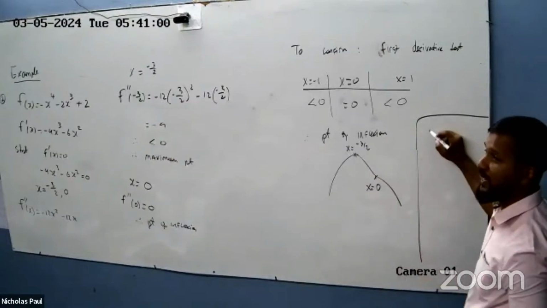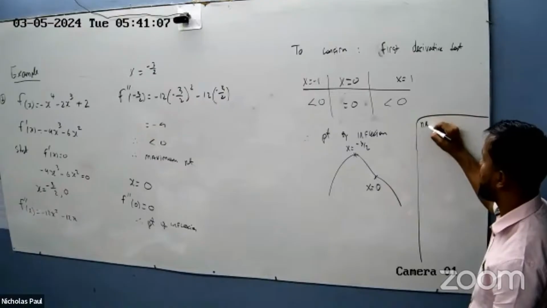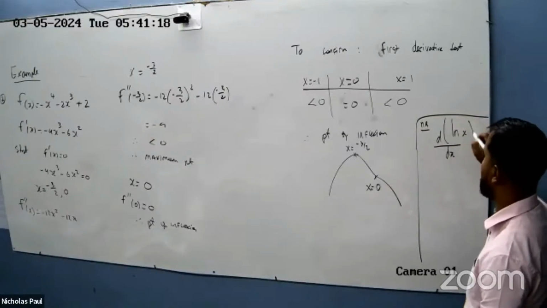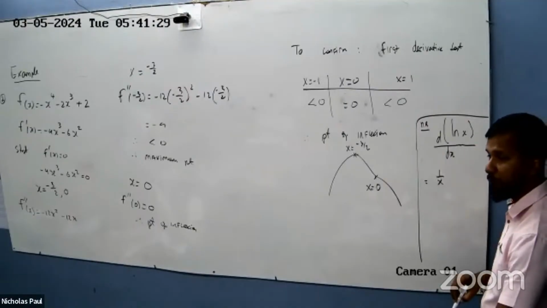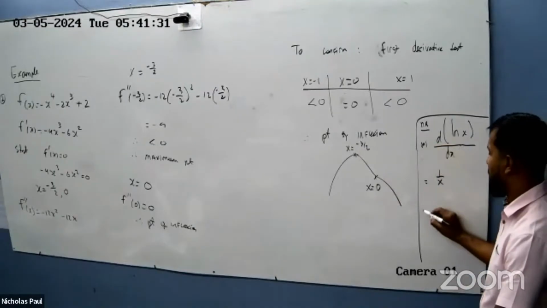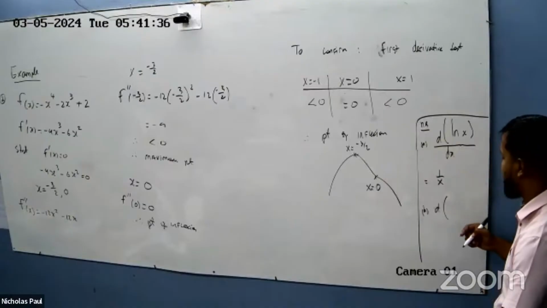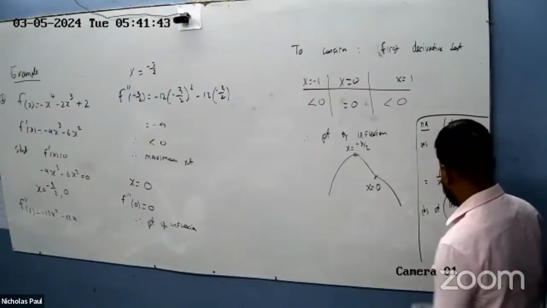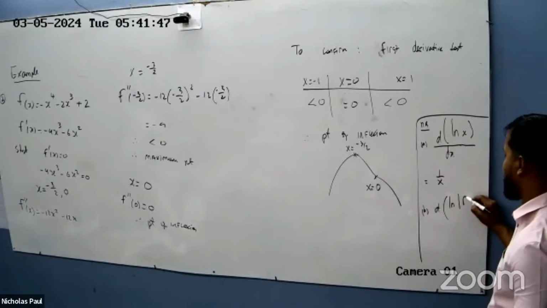Add this to the list of differentials from last week. One thing I keep forgetting to do because you're expected to know this: the differential of ln x is 1 on x. Generally, if I ask you to differentiate ln of the modulus of f of x, anybody remember why I put in modulus signs here?